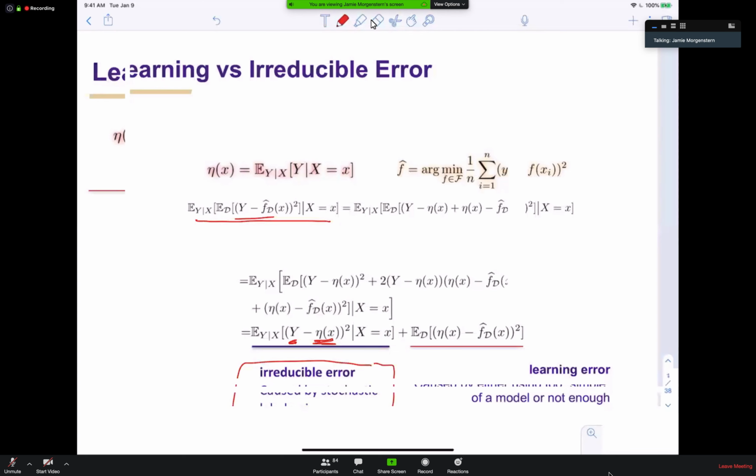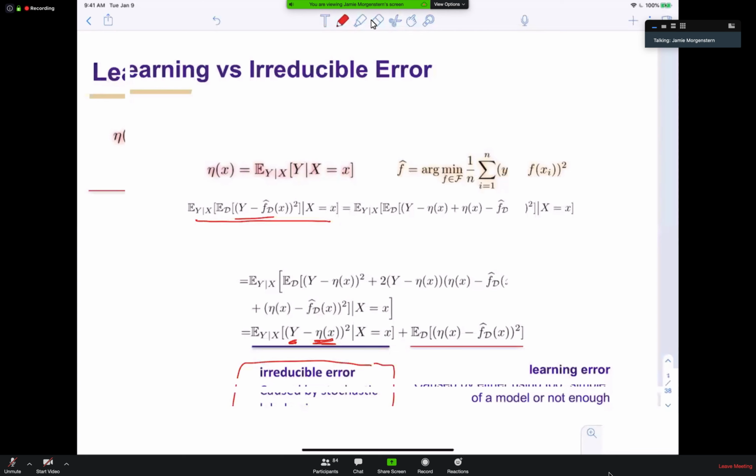And that irreducible error was something we really didn't have a lot of control over. That's something having to do with the fundamental shortcomings of doing prediction in this setting. There's some randomness in y relative to x. And then there's this other term, which we described briefly and called the learning error.